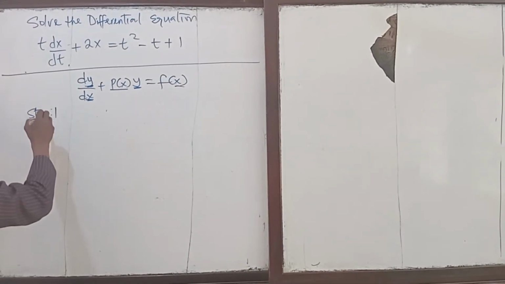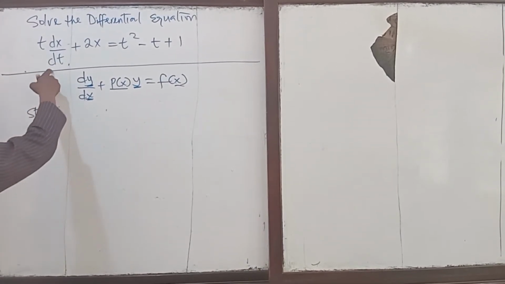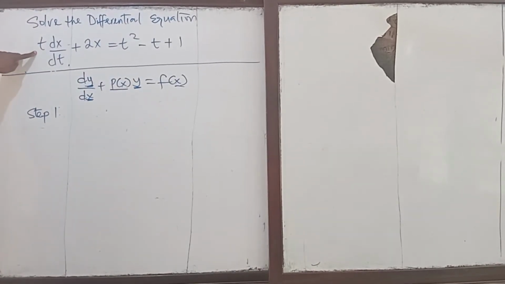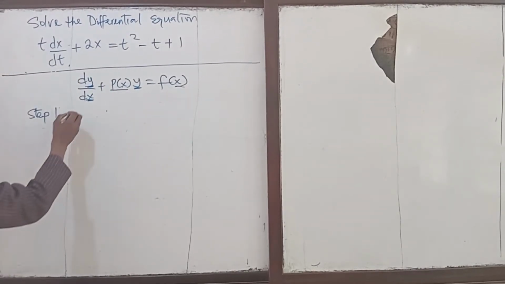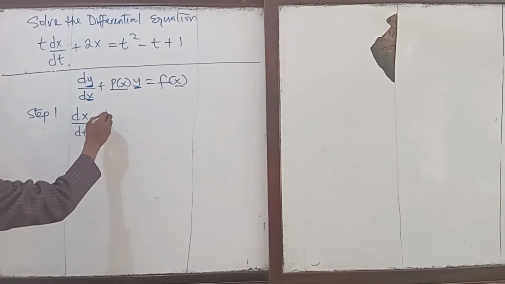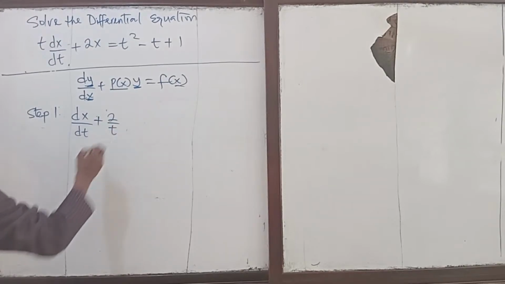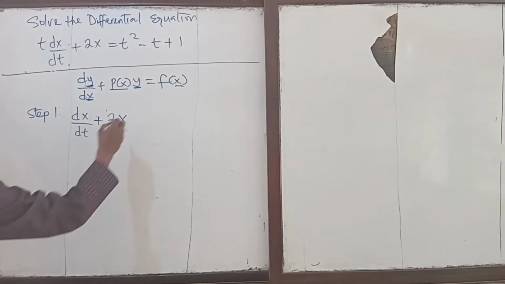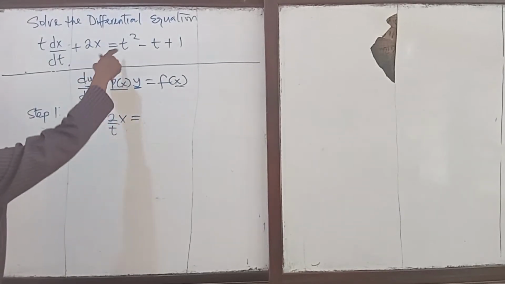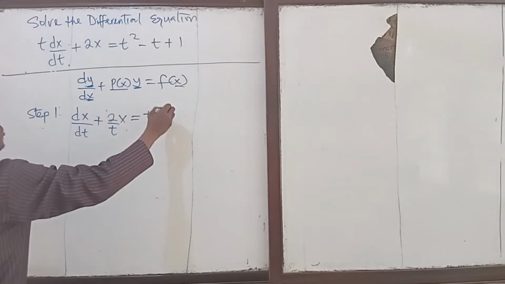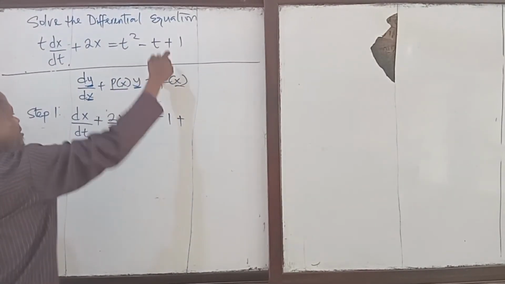Step 1 is to divide each of the parts of the equation by this t. The t must leave this place to conform to this format. That will be equal to dx/dt plus t over t x, and then equal to t squared over t, that's a t, minus t over t, that's 1, and then plus 1 over t.